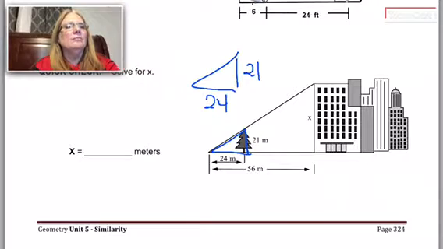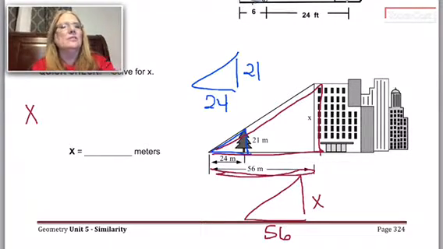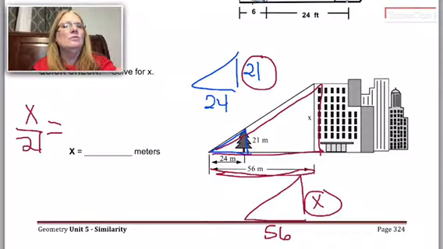And then the bigger triangle is this, and we're looking for the height of that building, and this is x, and here they show that the 56 is the entire length. So we're going to set up our proportion. X corresponds with 21, so x over 21 is equal to 56 over 24.